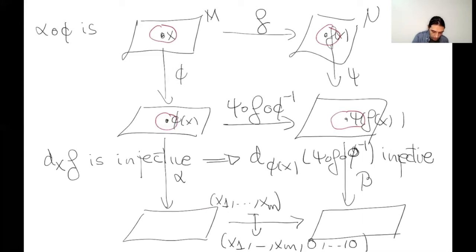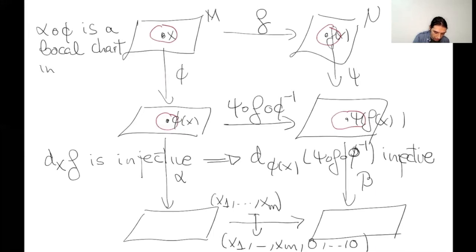This composition is a local chart in a neighborhood of the point x. Because of a completely analogous argument, the composition of beta and psi is actually a local chart for n defined in a neighborhood of the point f of x.